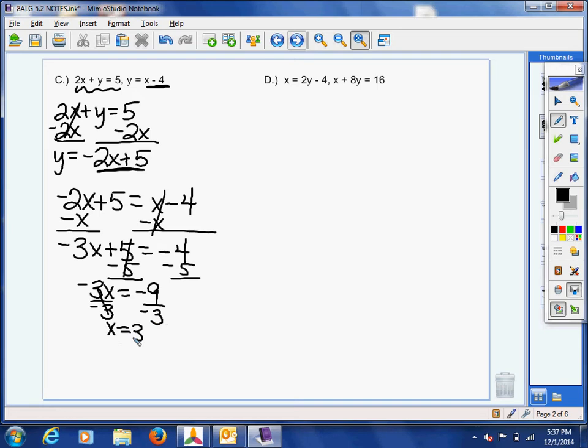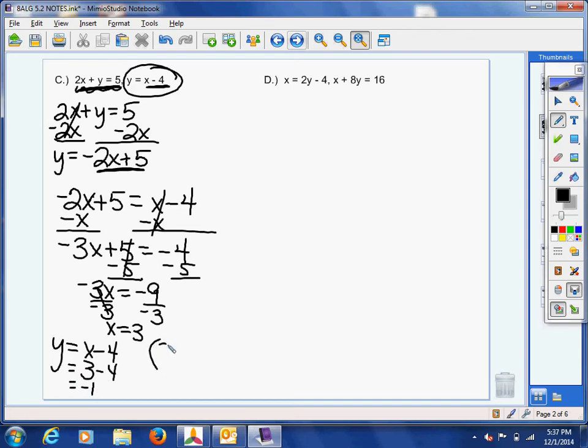Now please don't think that you are finished, because you are not. You found 1/2 of your point that we're looking for, the point of intersection. So pick one of the two original equations. That one does not make me happy. This one, yes, that puts a smile on my face. That looks easy. So we're going to take 3, plug it in for the x, and solve. So it looks like y is negative 1.